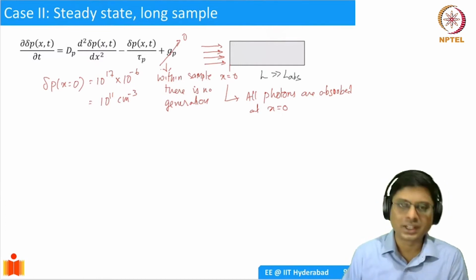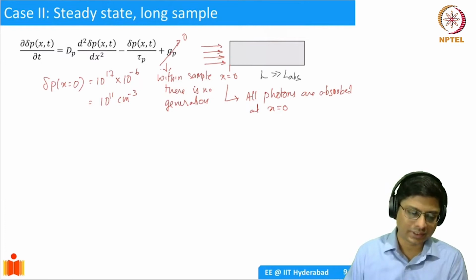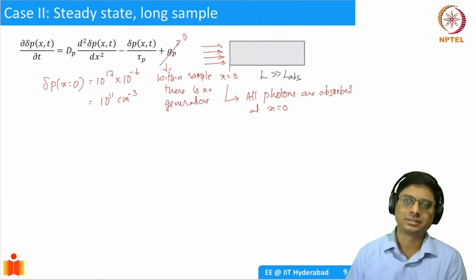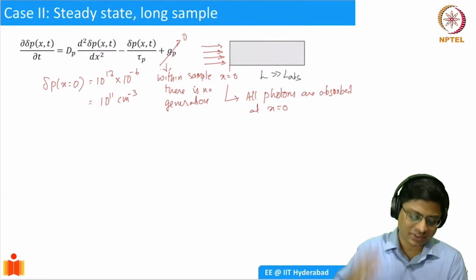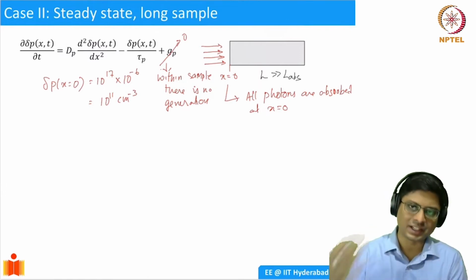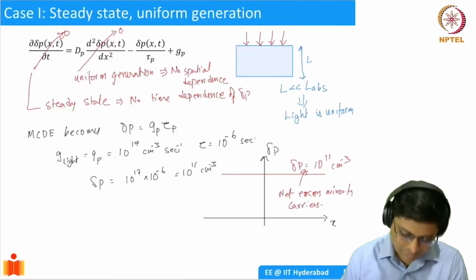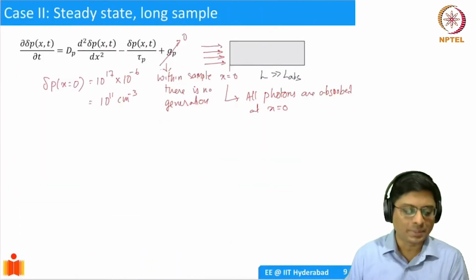So this is the rate at which the photons are coming, and that's generating an excess steady state number of 10 power 11. Previously we had 10 power 12, not 10 power 11.